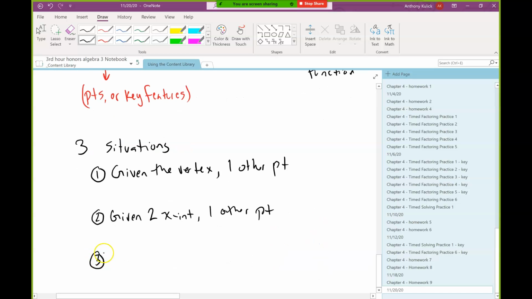And in the third situation, you're given 3 points, where we don't know anything specific about those 3 points. In the first situation, we're going to use a vertex form equation. In the second situation, we're going to use an intercept form equation. And in the third situation, we're going to use a standard form equation.